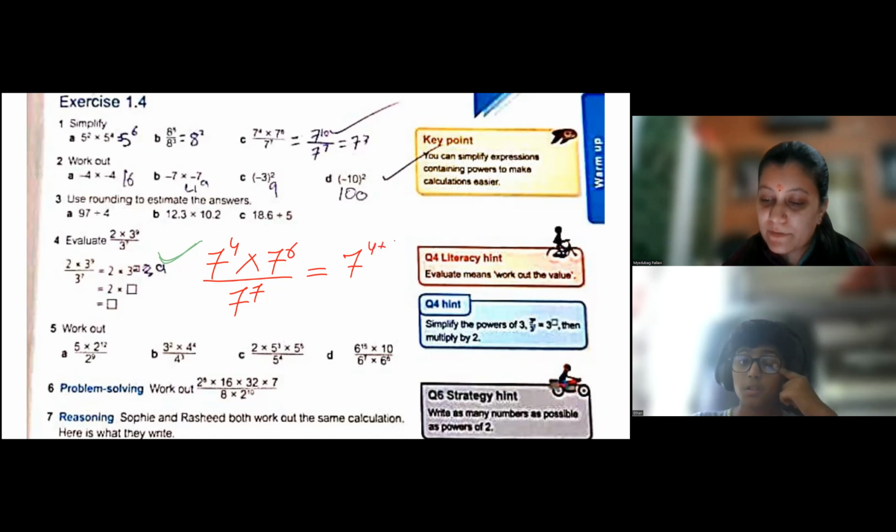So 7 to the power 4 plus 6. In the denominator, it's already 7 to the power 7.